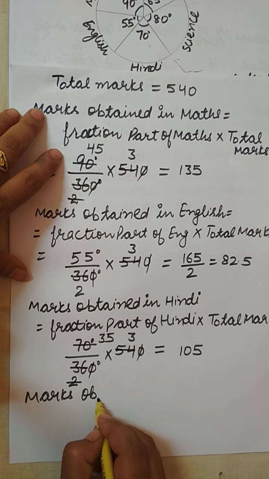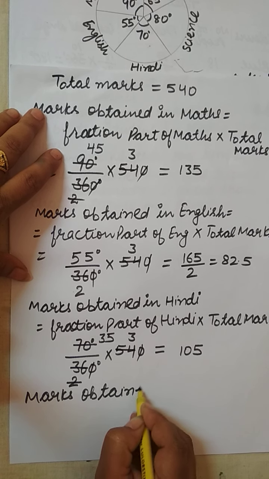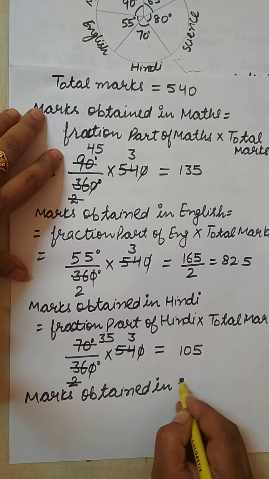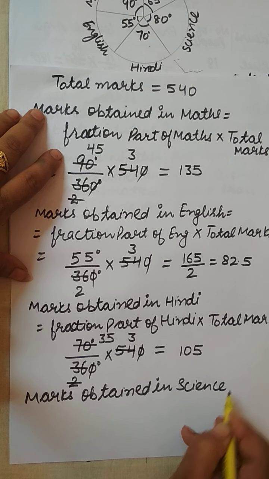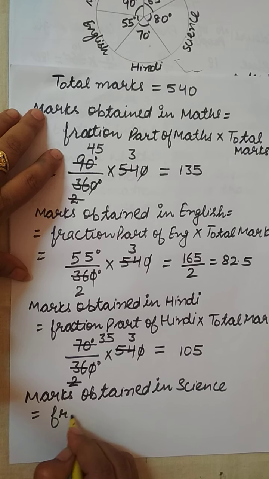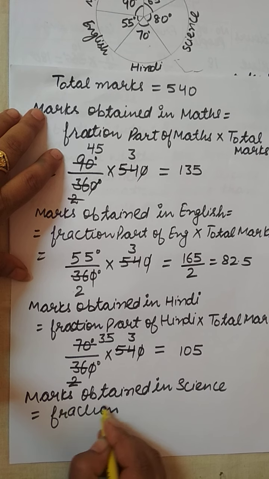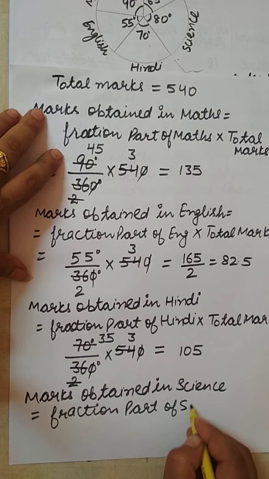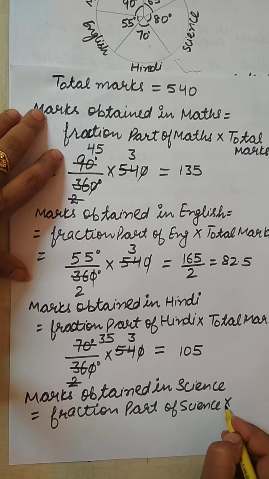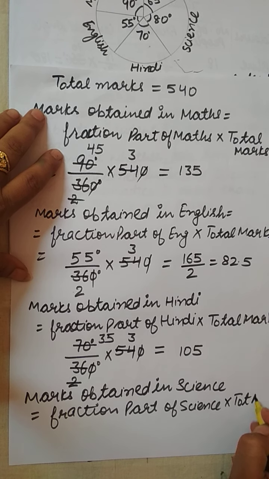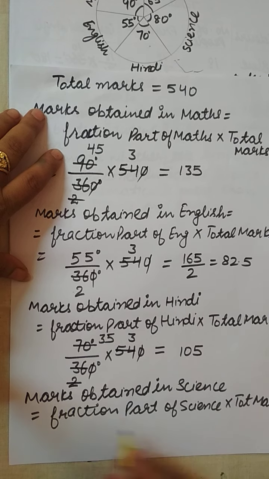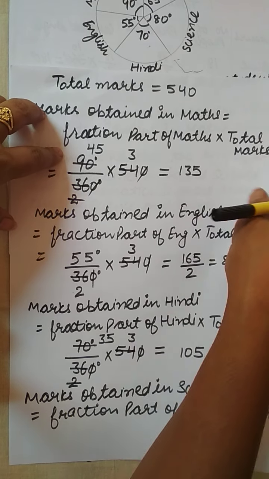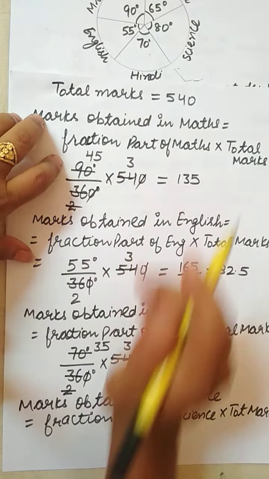Marks obtained in science will be equal to fraction part of science multiplied by total marks. Now the central angle for science is 80 degree.